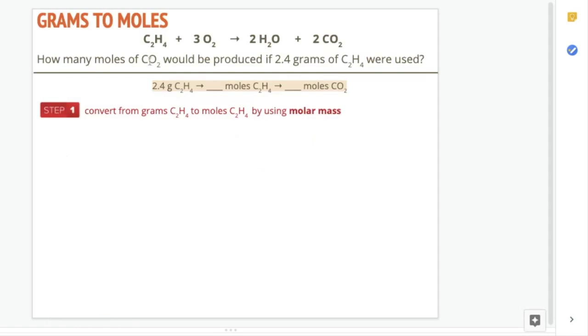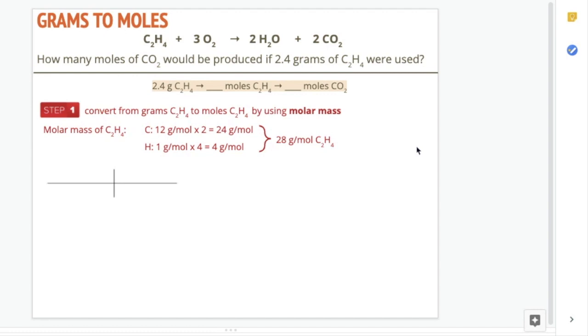So step 1, grams to moles using molar mass. We're very comfortable with molar mass now, so I'm just going to pop it up there. The molar mass of C2H4 is 28 grams per mole. Now, I'm going to set it up, and I always start with what I have and what I want.